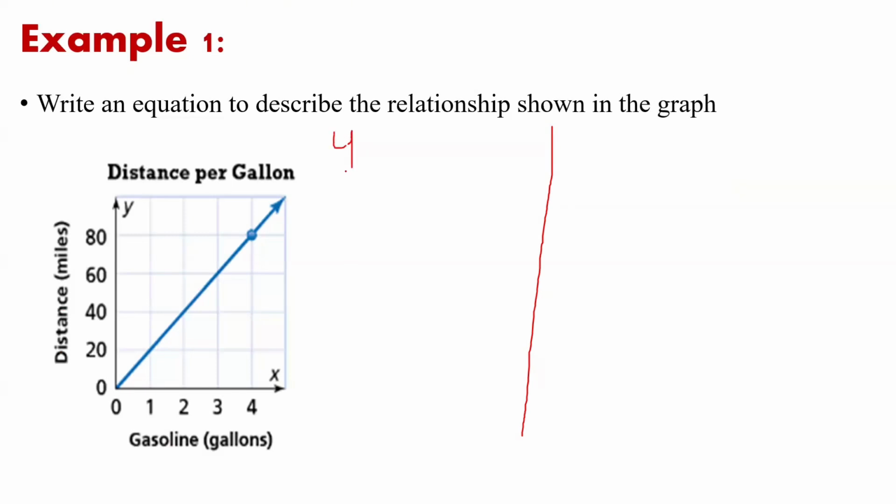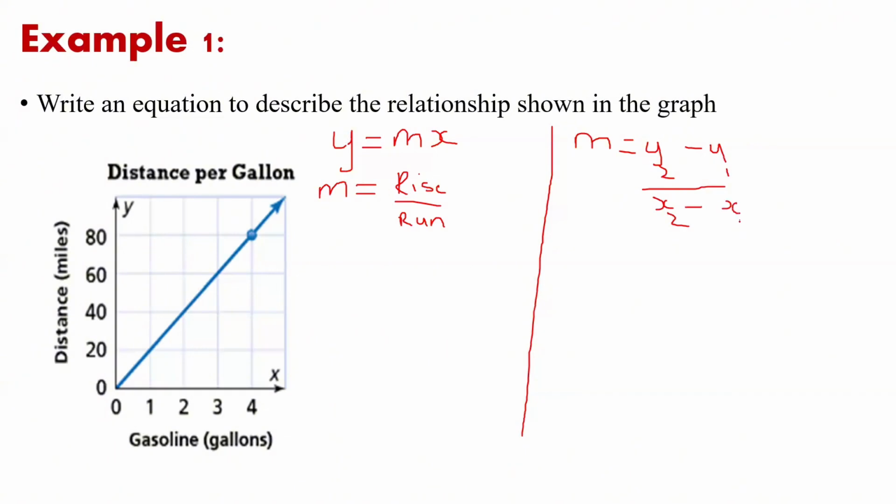This is the linear relationship equation, y equals mx. To find m, we can either use rise over run, or rise divided by run, or you can use y2 minus y1 divided by x2 minus x1.